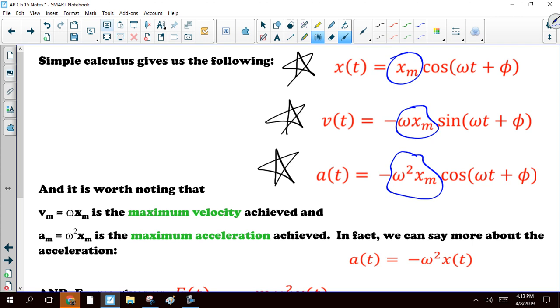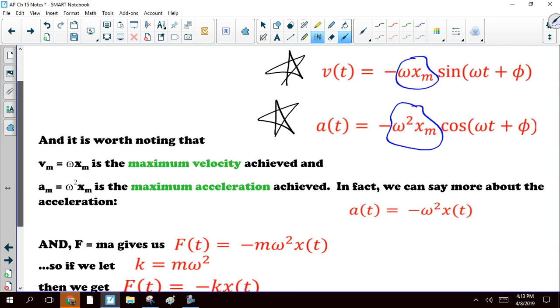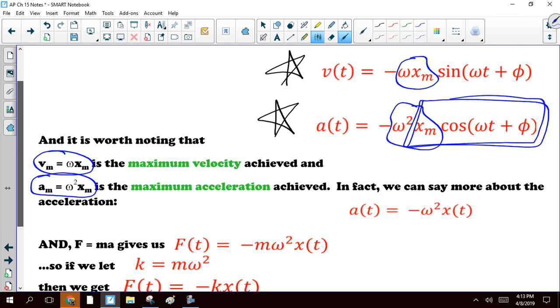That is totally worth noting, and it's written right here. Vm, omega times xm, is the maximum velocity. Am, omega squared times xm, is the maximum acceleration. And in fact, notice this is just xm, so our acceleration is equal to negative omega squared times our position at time t.